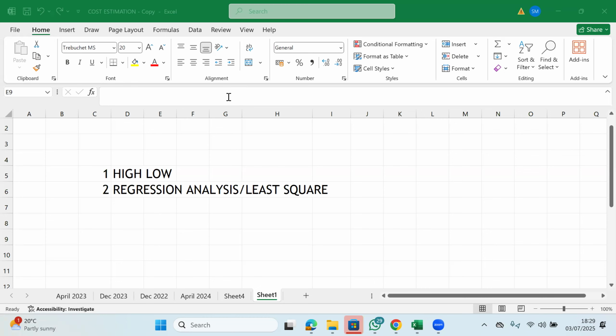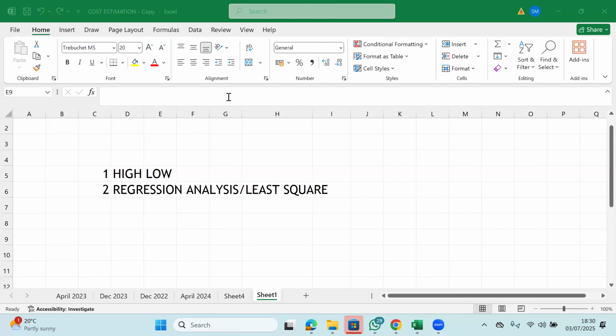Over the last 6 months, we had X number of students, we spent this much, or rather we spent Y amount. How much can we attribute to the fixed cost? And how much then is variable cost?